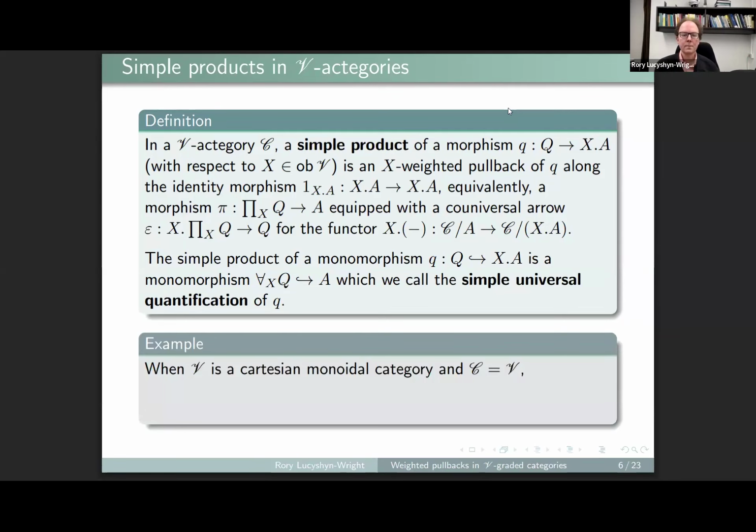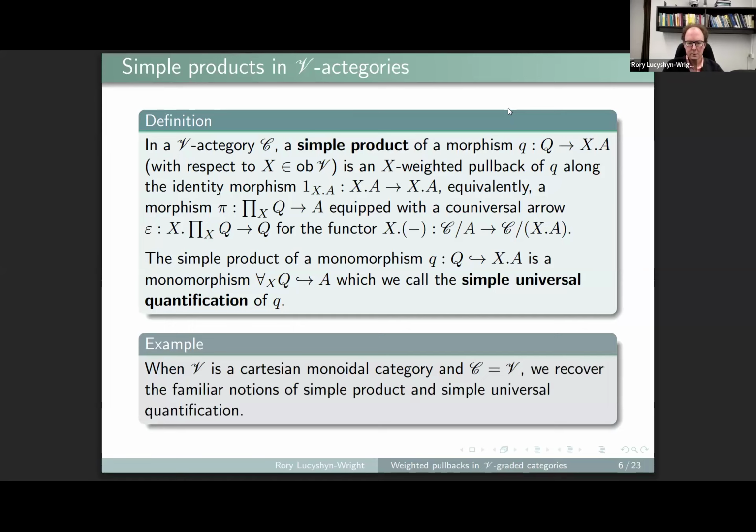As an example, we can recover what we had earlier in the classic case. When V is a Cartesian monoidal category and C is taken to be V, we recover the familiar notions from earlier of simple product and simple universal quantification. But we should have new examples also.